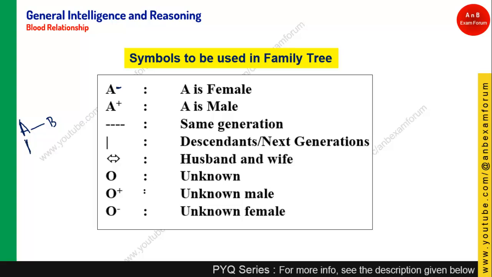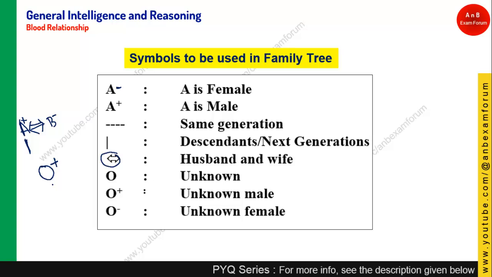For husband and wife this symbol is used, on the same generation, but the symbol will be different: if it is husband, it will be positive; if wife, negative. If you don't know the person, you make an O, like an empty space, which can be any person. If the person is female it will be unknown female, and if it is plus, it is unknown male. You can take a screenshot of this.